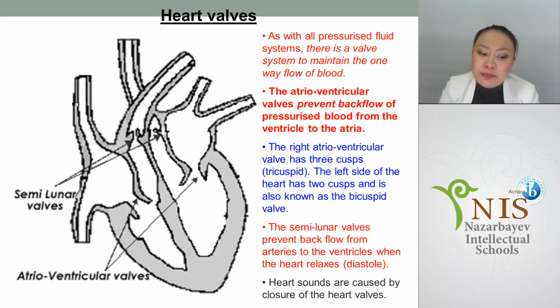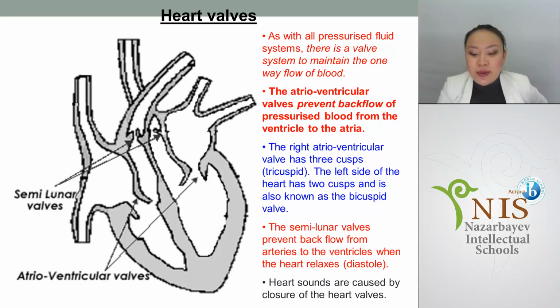The semilunar valves prevent backflow too. Here we have the bicuspid and tricuspid situated between atrium and ventricles, but the semilunar valves prevent backflow from the arteries to the ventricles when the heart relaxes during the diastole.